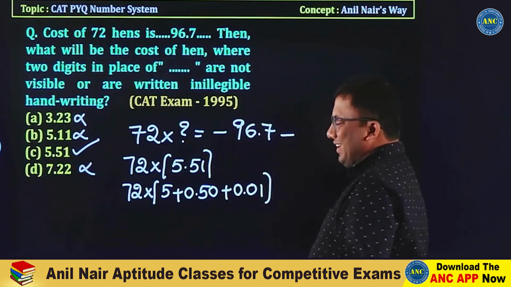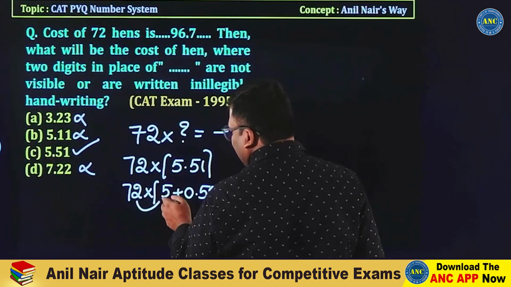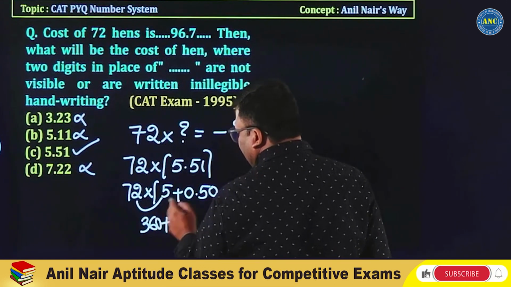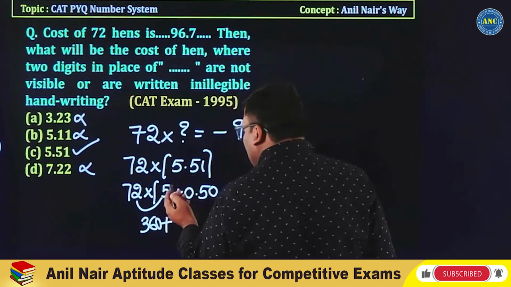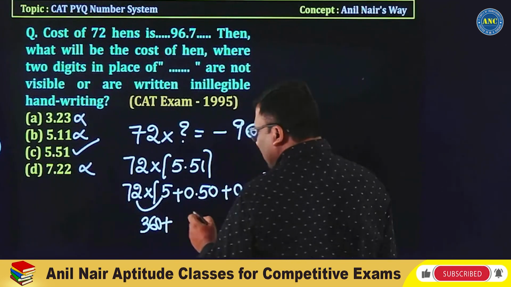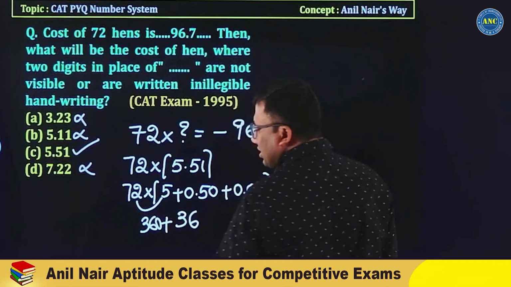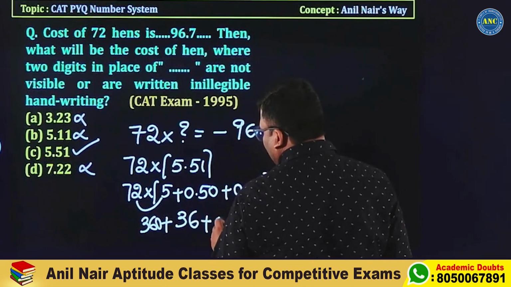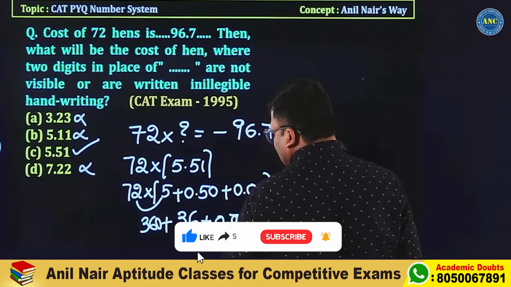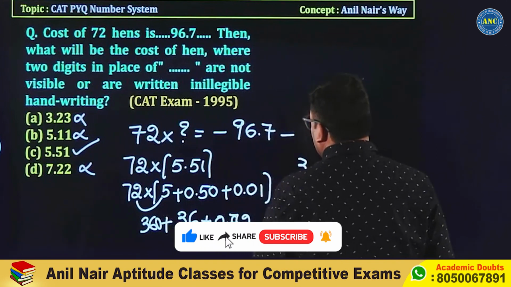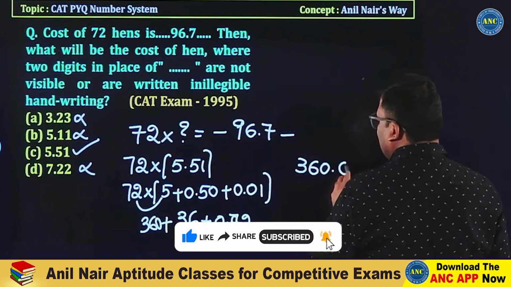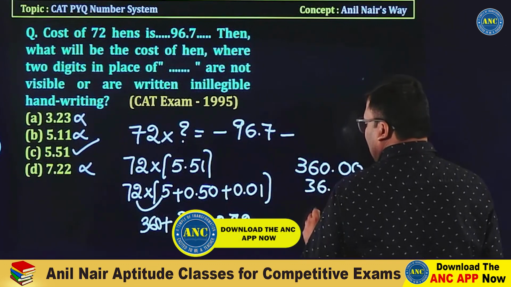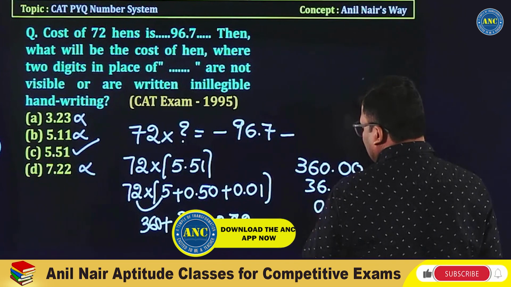Now it will be very easy, sir. 72 into 5 is 360. 72 into 0.5, 0.5 is half, it is 36. 72 into 0.01 is 0.72. So 360.00 plus 36.00 plus 0.72.